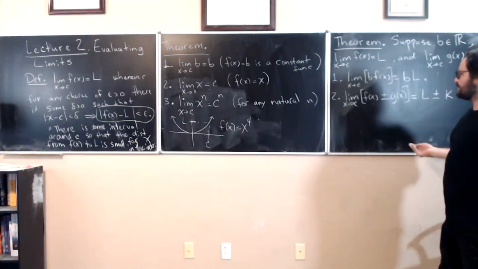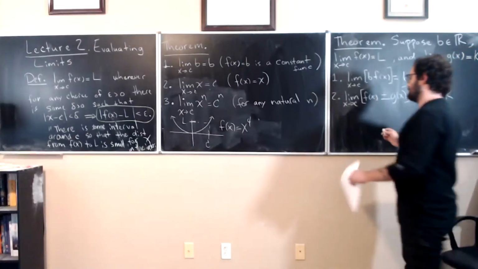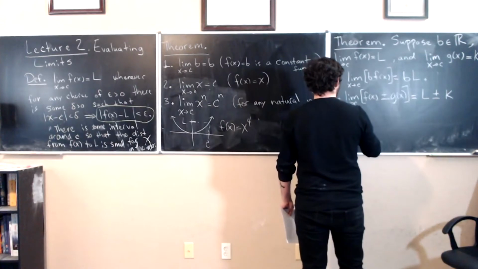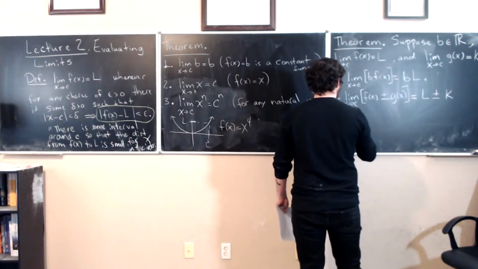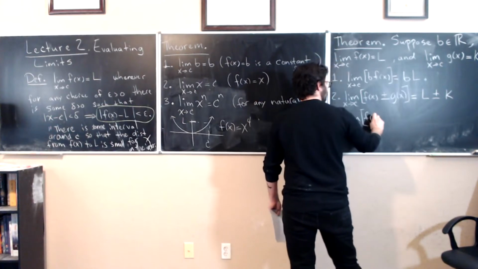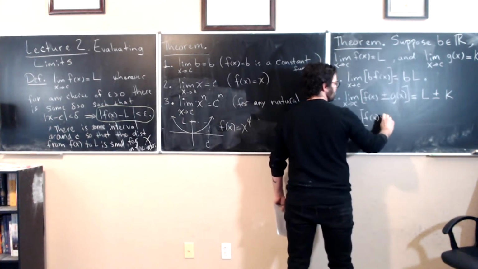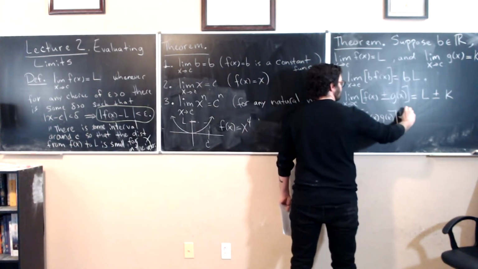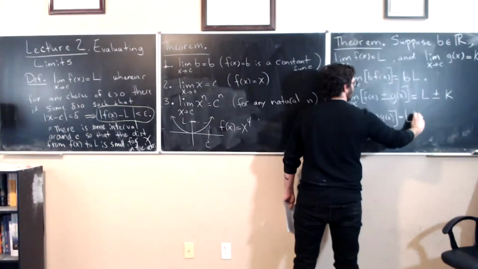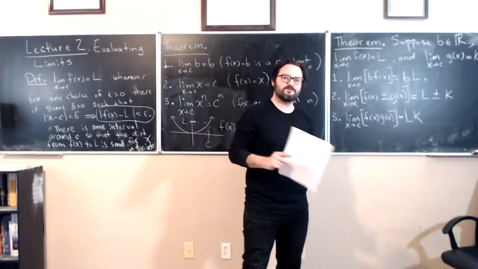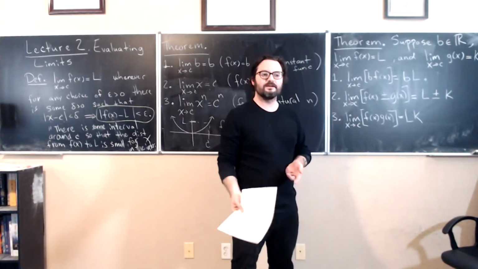And in a likewise manner, multiplication also works out. So the limit as x approaches c of f of x times g of x is equal to L times k, provided f converges to L and g converges to k.